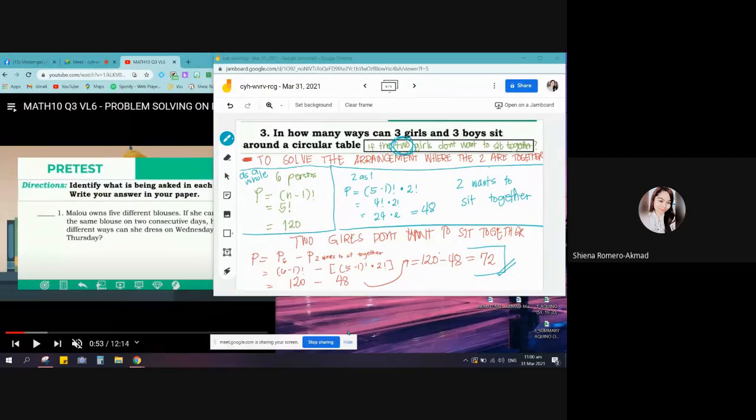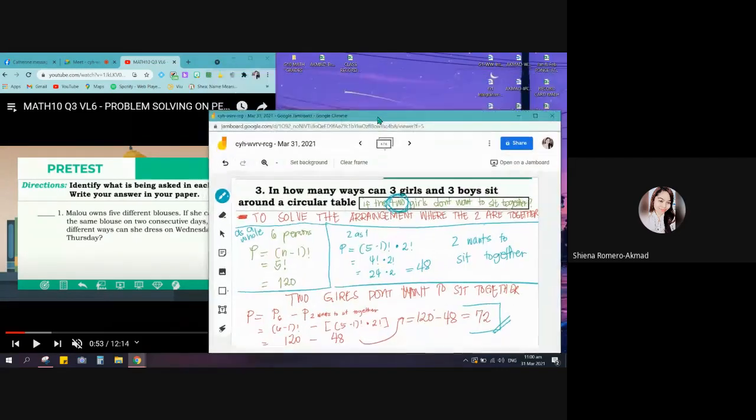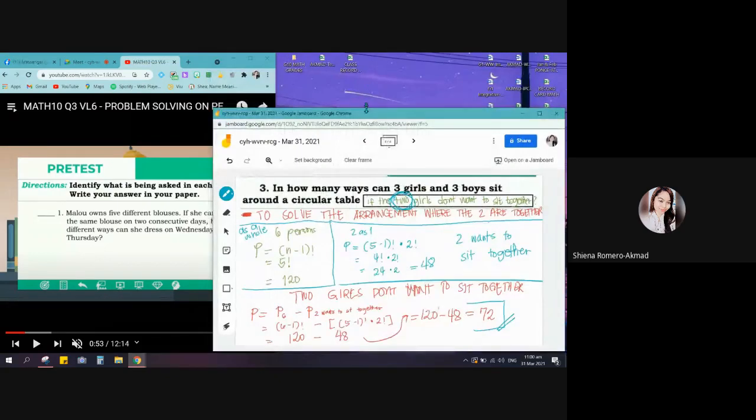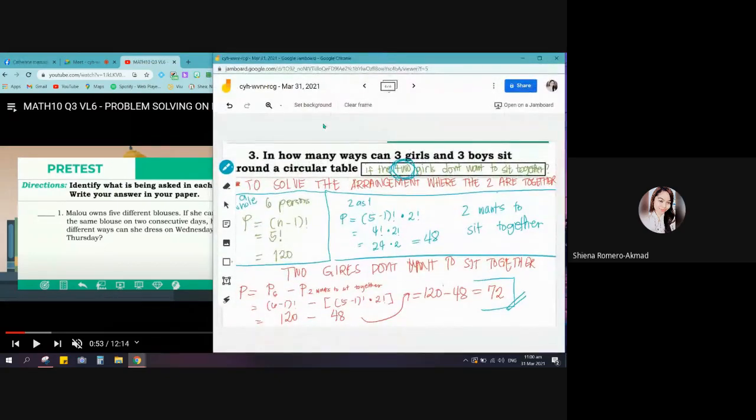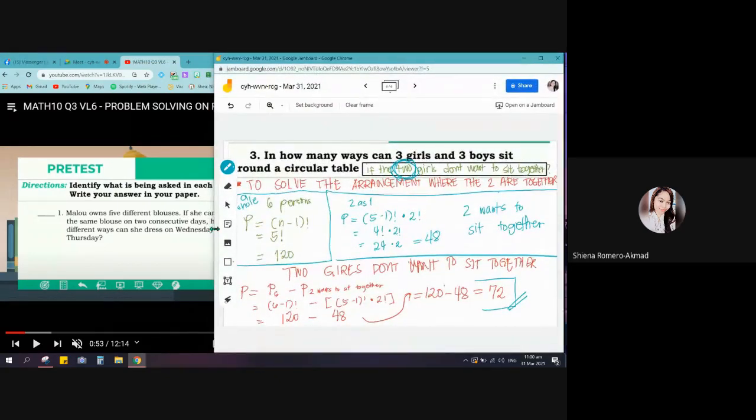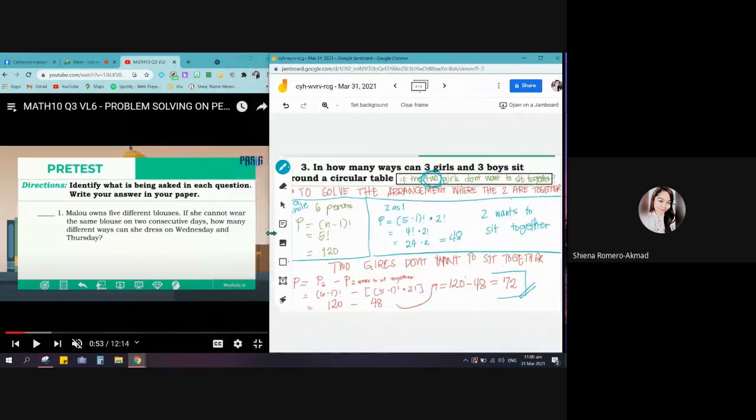May mixing yata dito sa amin eh. Mixing ba? Ayun, nag-mixing.